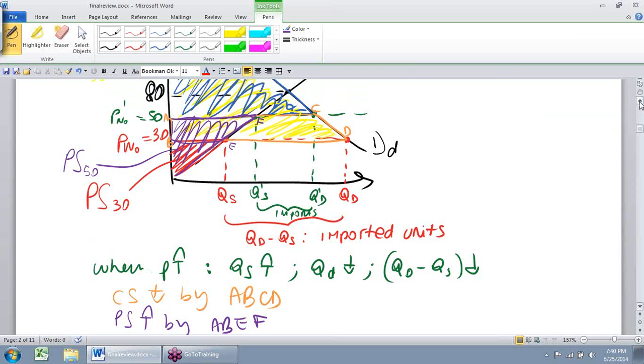So the next question is, does the increase in the producer surplus cover the decrease in the consumer surplus? Again, the producer surplus is the area above the supply curve and below the market price.